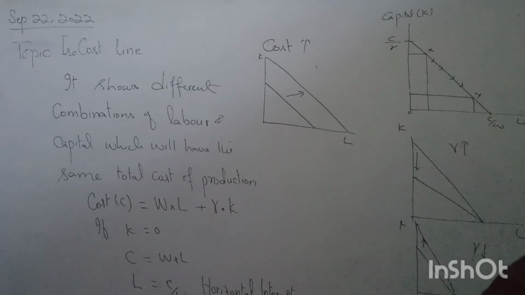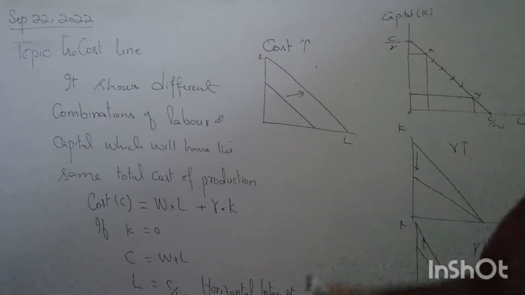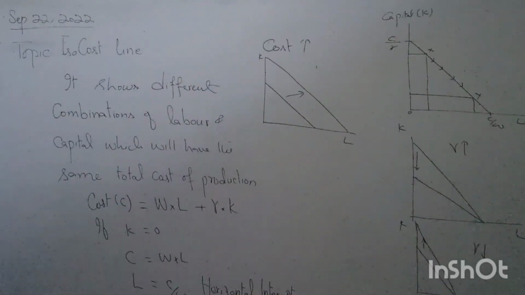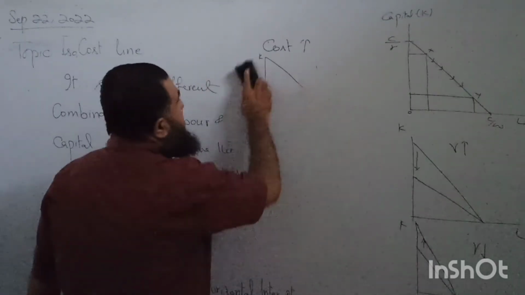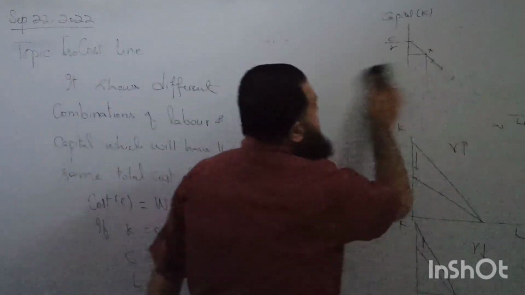My question is, which is the least cost combination of labor and capital which will minimize his cost of production while he is producing 300 units of output by his isoquant? So can I draw the last thing over here, the least cost combination? Which is the least cost combination?